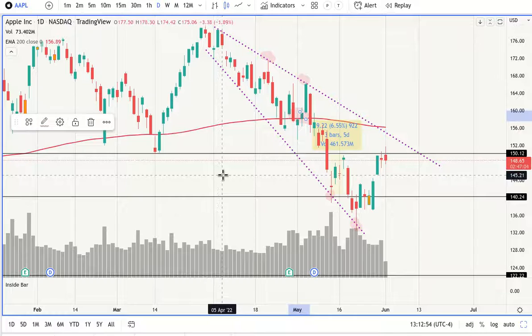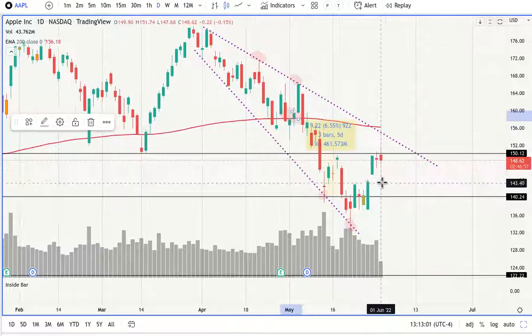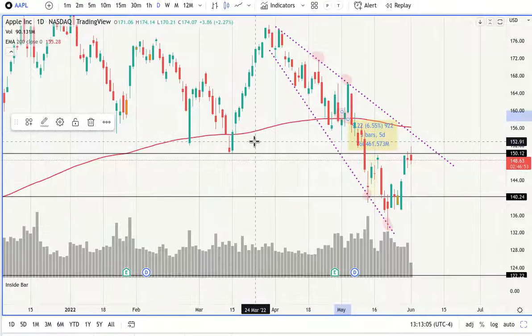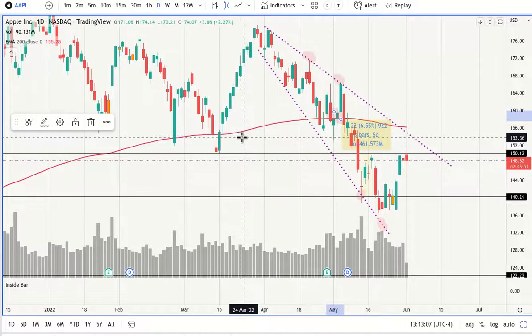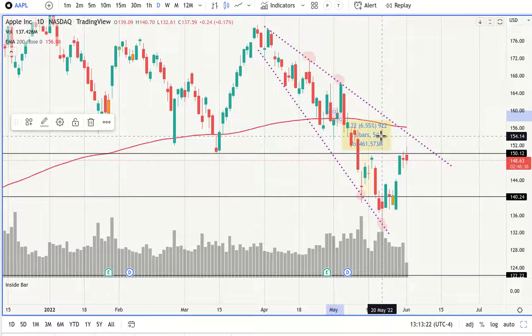So this is a weakness sign we have to be careful of, and we have to always try to be in a stock when it's over the 200 moving average, because it's a very important average that most investors around the world watch closely and make their decisions upon. So this is a very important moving average you should watch always.